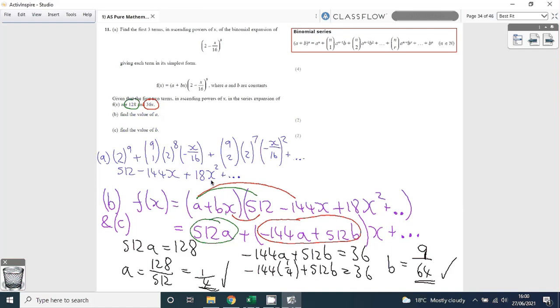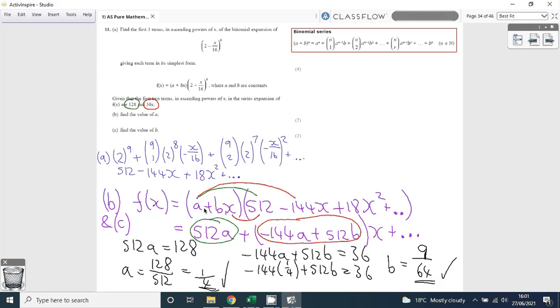So for part B, okay, we've got a plus bx, and we're multiplying it by what we've just worked out in part A. So a times 512 is our 128. So 512a equals 128. Divide by 512. We work out that a is a quarter, which is the answer for part B. And then for C, we've got the double claw, haven't we? We've got where do we get our x's?